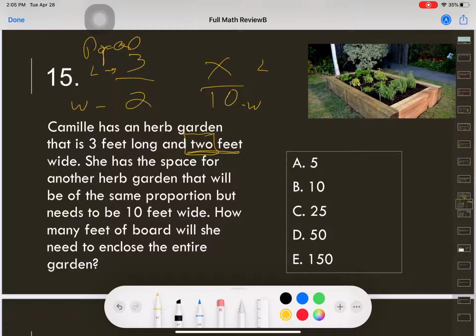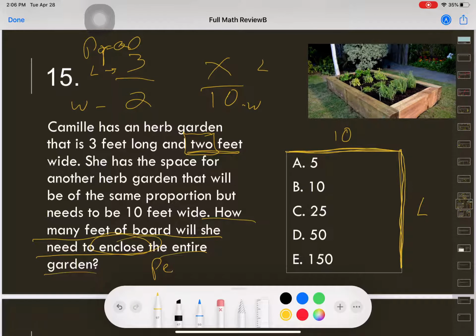So let's just pretend like this box right here is our garden. So first we have to say, all right, if the width is 10, we need to first find the length. So we got to find that length. Then, after we do that, we need to find out how many feet of board will she need to enclose the entire garden. This is a perimeter question, is what it really is.